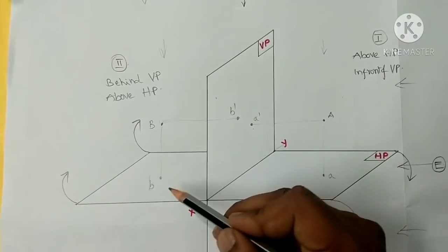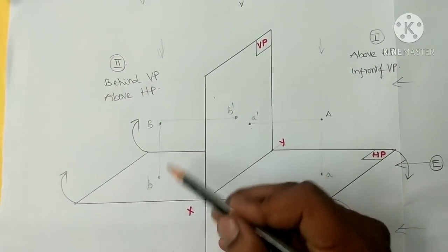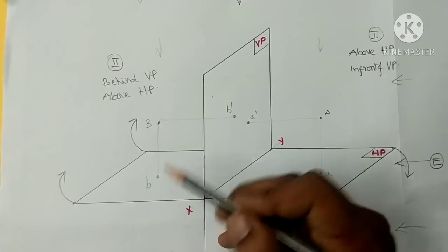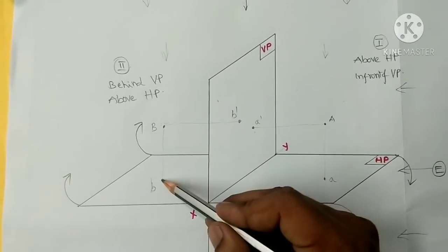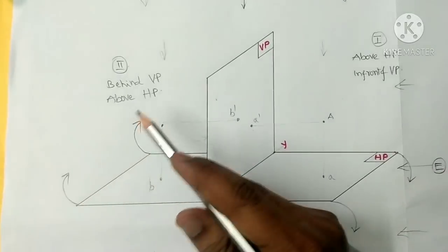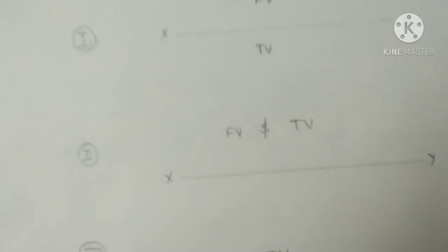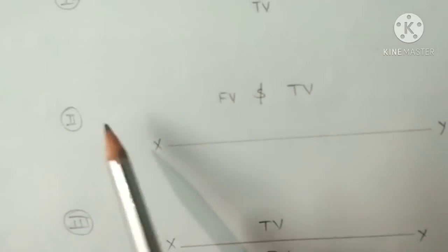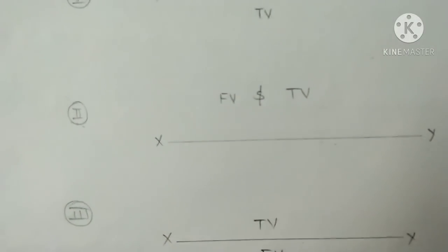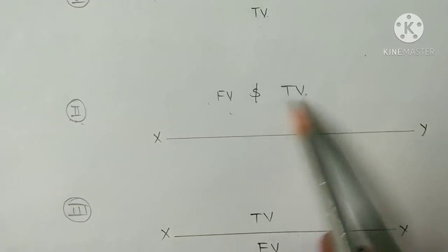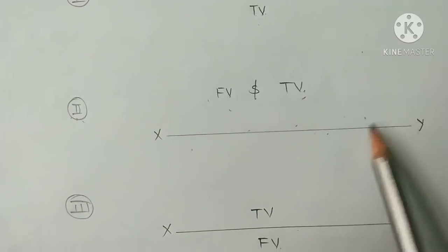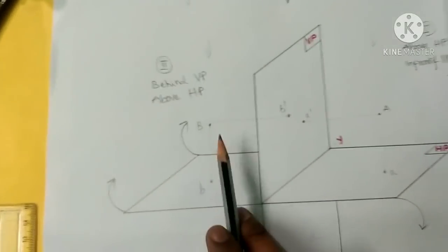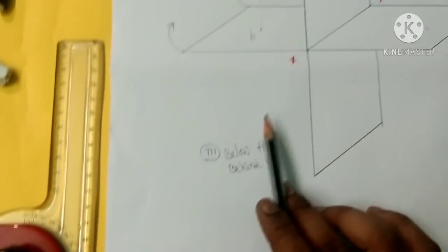So that means both views come on one side of the reference line, that is above the reference line. So here I have drawn one diagram. According to the second quadrant, both front view and top view are located above the reference line. That is what I have explained about this particular diagram.